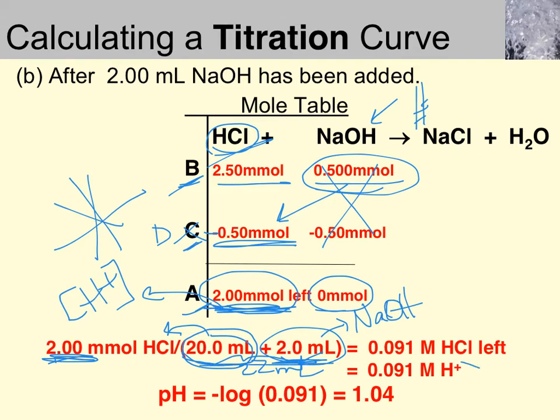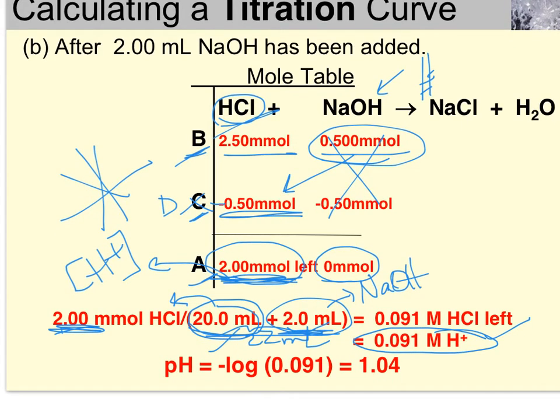So that means that our concentration of hydronium ion at this point, after adding 2 milliliters of the sodium hydroxide solution, is 0.091. If we take the minus log of that, our new pH is 1.04.